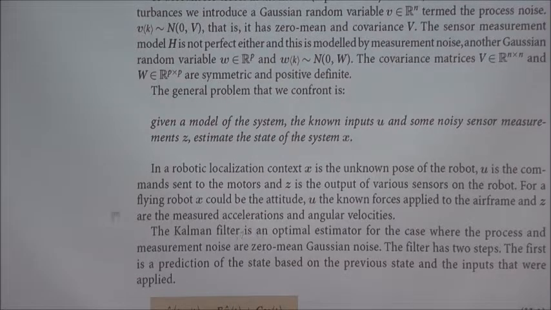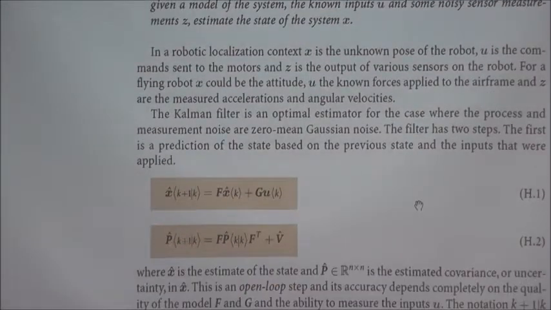U is the command sent to the motors, the right and left rear, let's say, for the wheels of a wheeled robot. Z is the output of various sensors on the robot. For a flying robot, X could be the attitude, U the known forces applied to the airframe, and Z the measured acceleration and angular velocity.